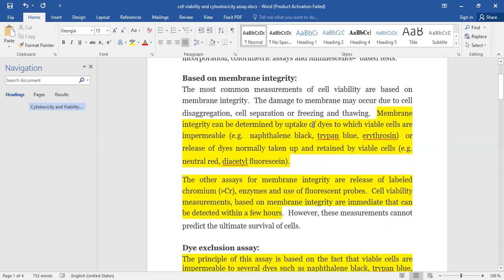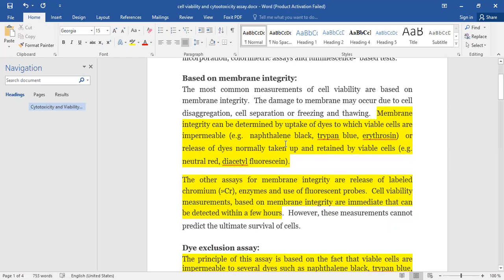Viable cells do not allow some dyes to pass. So if dyes such as naphthalene black, trypan blue, and erythrosin are used to stain viable cells, these cells will not stain.